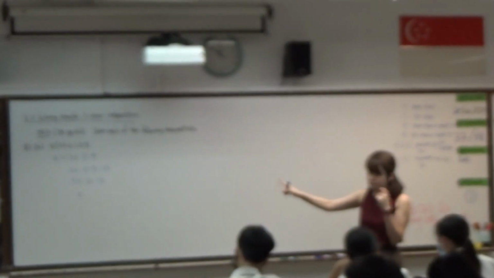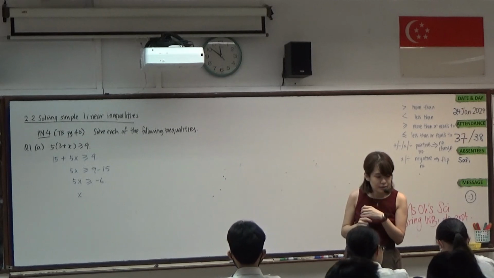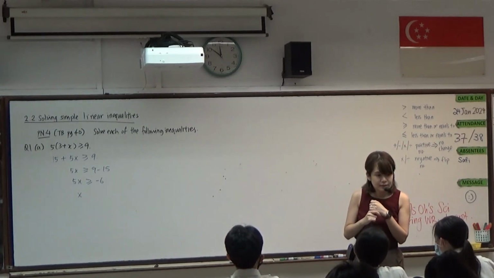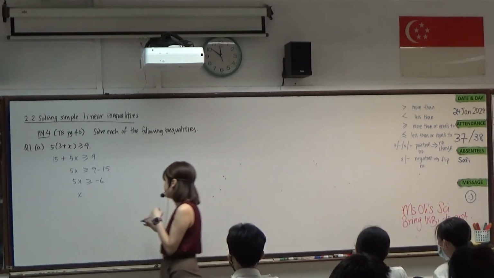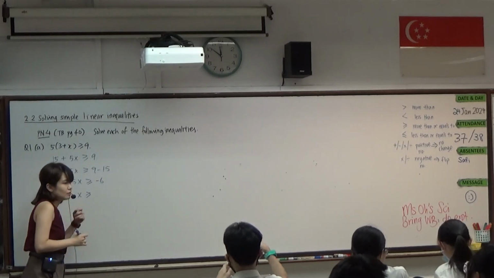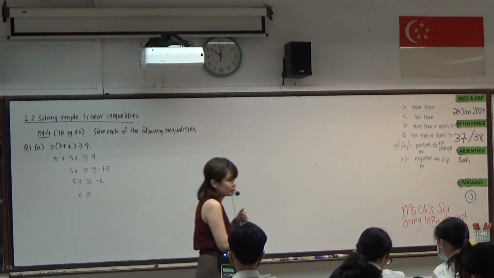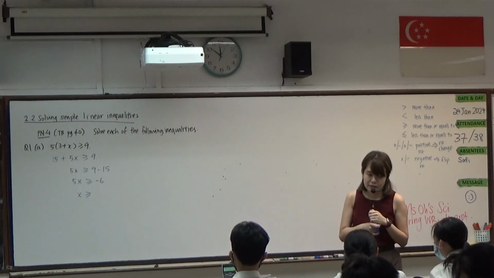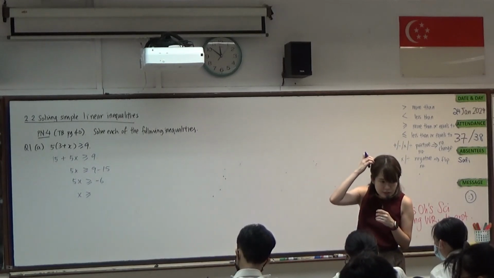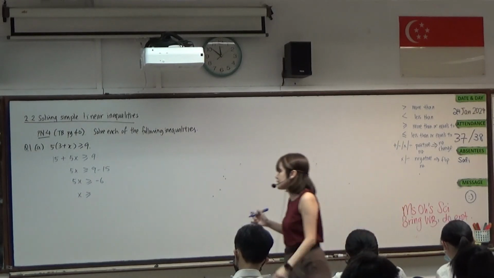Keep the same sign. Then negative 6 over 5. Okay, negative 6 over 5.